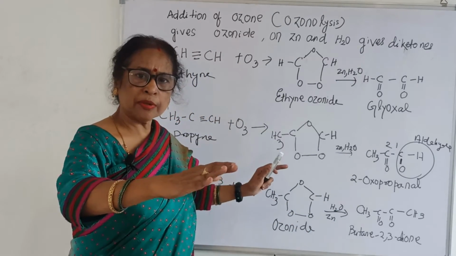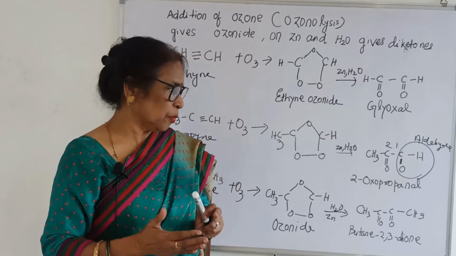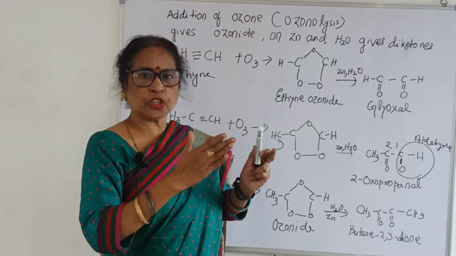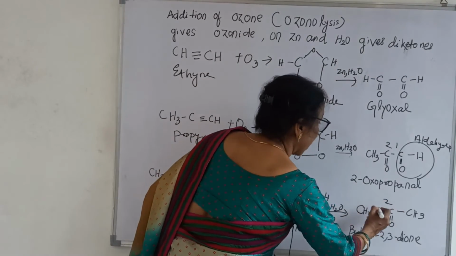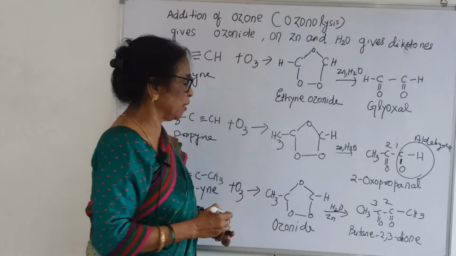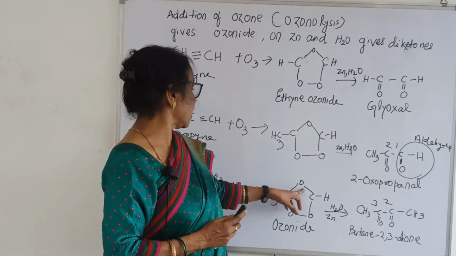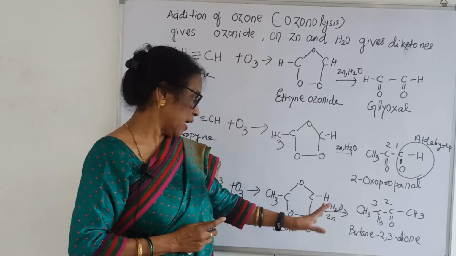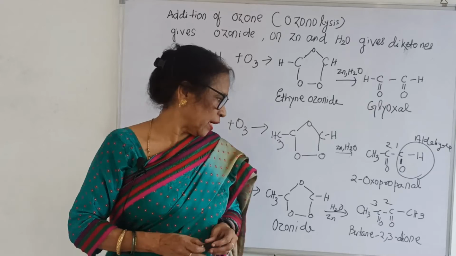What is the number of carbon atoms? 4, so but. And there are two keto groups, dione. What are the positions of the keto groups? 2 and 3. So the name is butane-2,3-dione, and the oxygen gives zinc oxide, which remains as a byproduct. So here it is known as butane-2,3-dione.